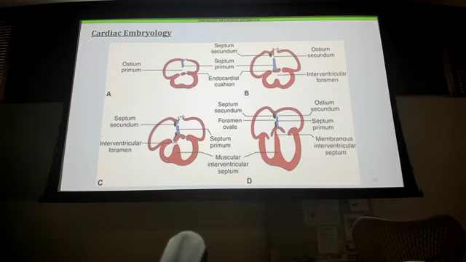And the way this happens, you can see here, is the hole, or the space, between the right and the left atria is called the ostium primum. Ostium meaning hole, primum being first. Well, the septum primum, so the first septum, starts to develop and goes down to form that divide between the left and the right side.